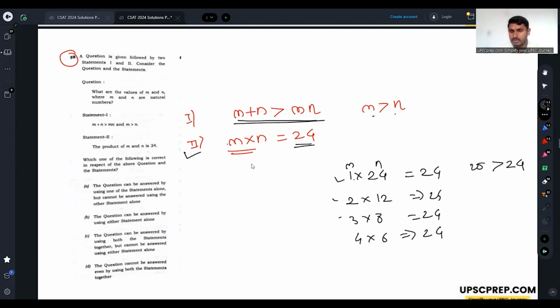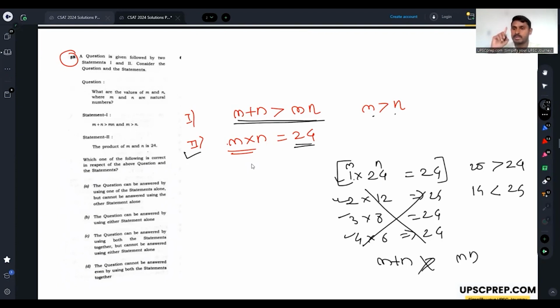But 12 plus 2 is 14. So 14 is less than 24. So in these last three cases, the sum m plus n will not be greater than m into n. So only in the case where 1 is one number and 24 is another number, the sum 1 plus 24 will be greater than the product 1 into 24, right?